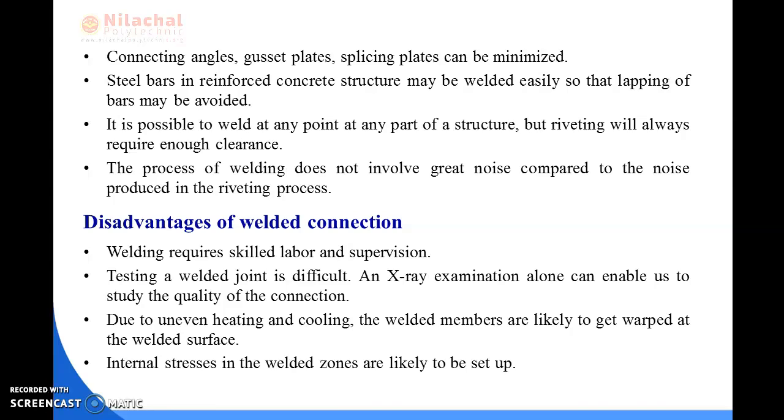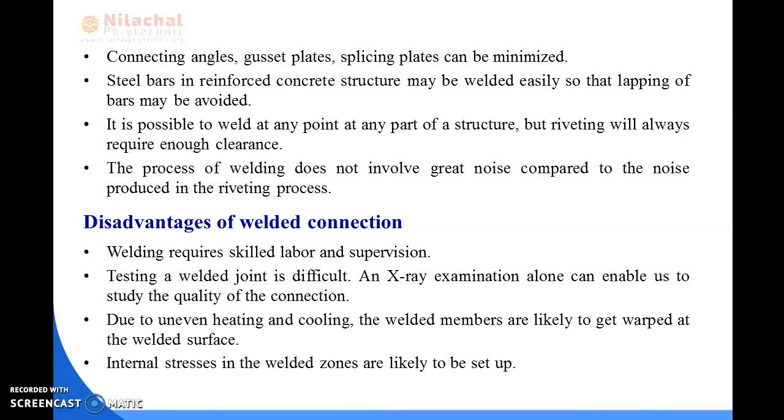In the case of a bolted connection, many tests are available, but in the case of a welded connection, such testing is not available. One test is there, which is X-ray, by which we can know the exact strength and bearing capacity of the welded joint.